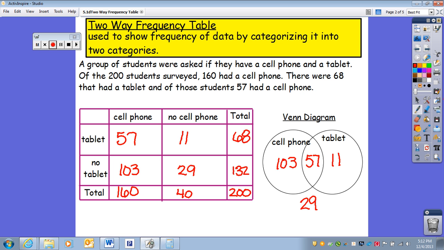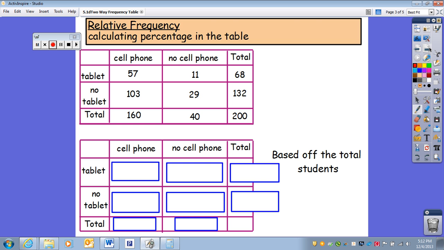We can also use our two-way frequency tables to calculate percentages in the table, and that is called relative frequency. So here is the table that we constructed earlier. I would like to find the relative frequency based on the total number of students. So please recall that the total number of students is 200 students.